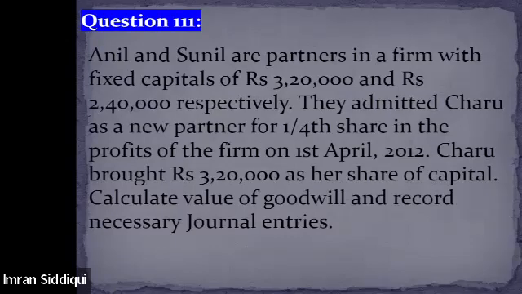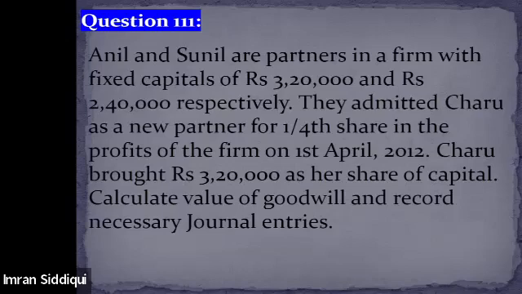So see, how different is this question from the previous ones that we have discussed? In this question, everything is the same. Like a new partner is getting admitted for 1/4 share. The only difference is that there are one or two differences. First of all, the old partners' profit sharing ratio is missing, number one.